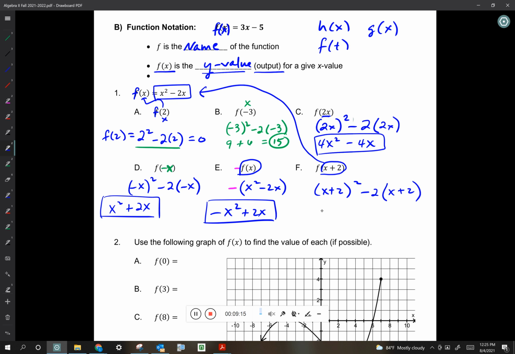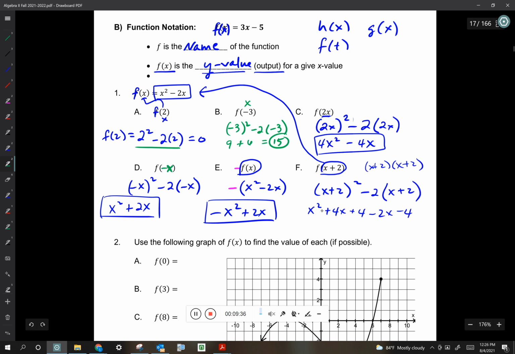If I just want to multiply it out, if I square the x plus 2, meaning if I do x plus 2 times x plus 2, right? I'd have to do FOIL. It's going to become x squared plus 4x plus 4. And then over here, I'm going to have minus 2x minus 4.